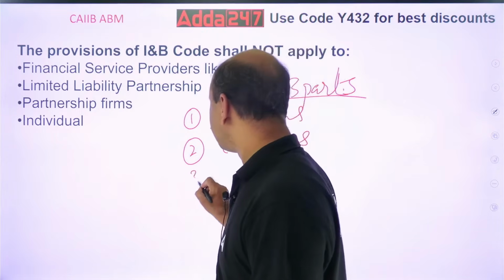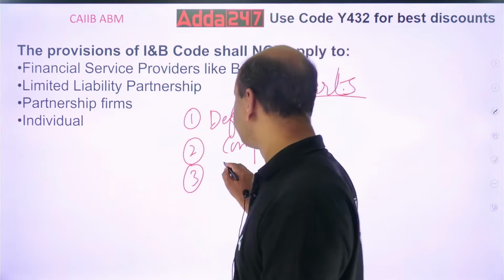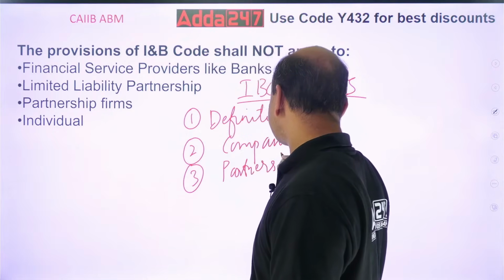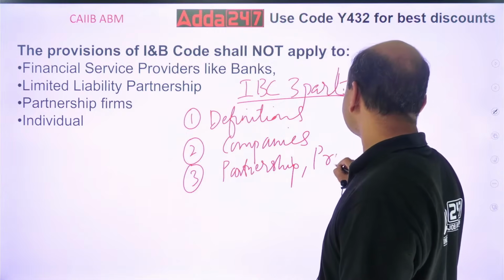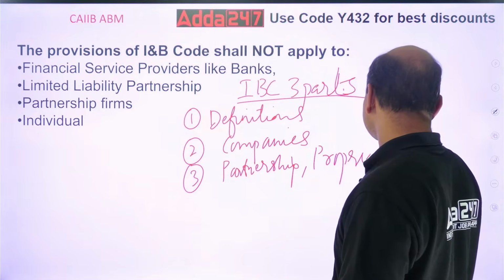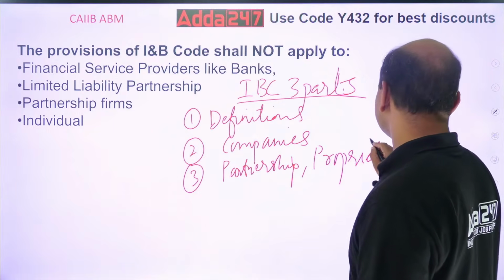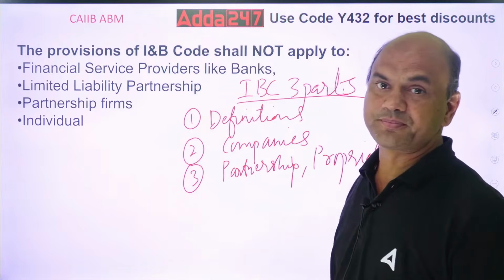And part 3 defines smaller companies. Partnership firm. Proprietorship is also defined in this. Partnership. Proprietorship. That is also defined. So these are the 3 parts of IBC.